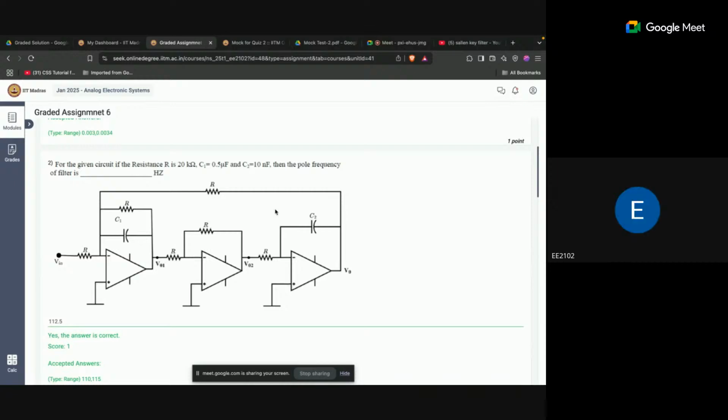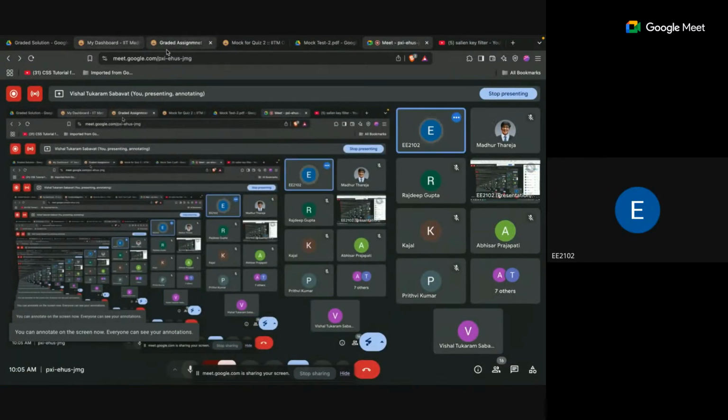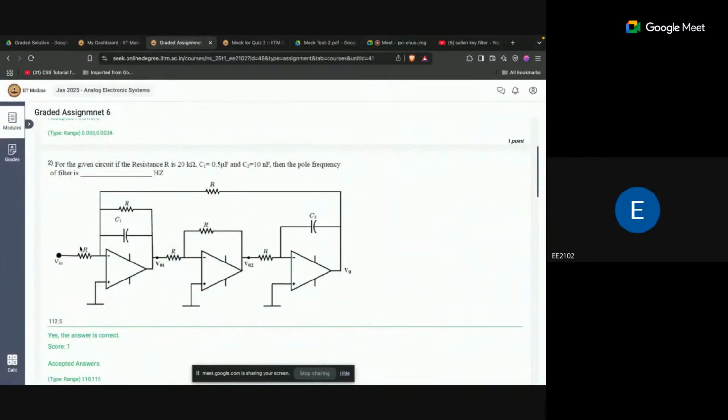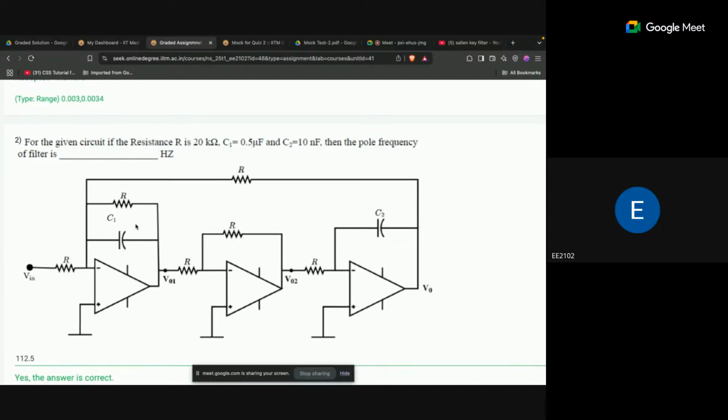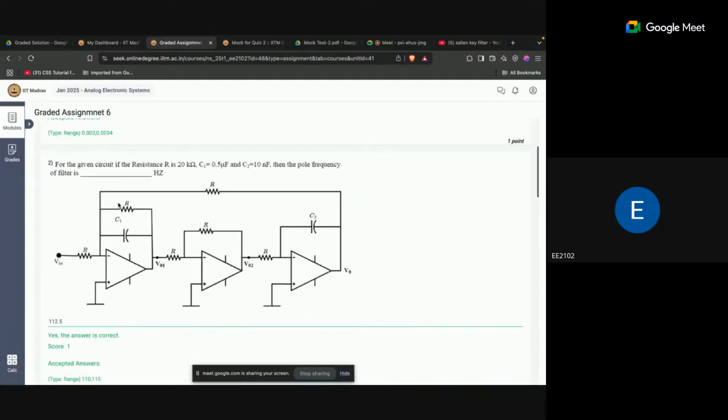Basically, we are taking this R, the one with the first operational amplifier in parallel with C. And for this other one, we are taking RX, for example. Oh, okay, sir.